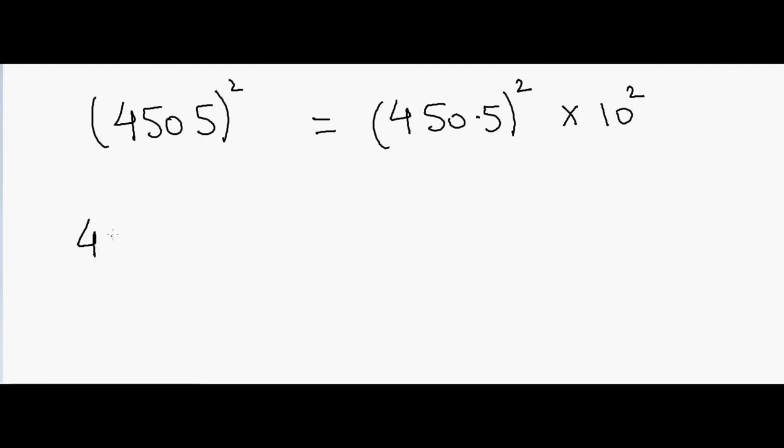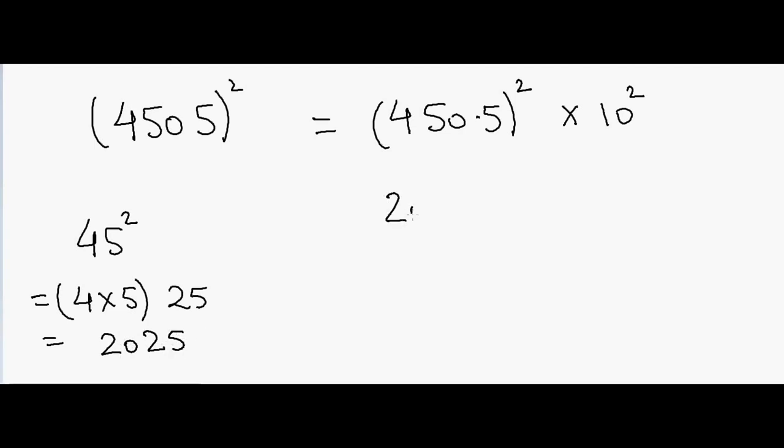As we know, 45 square is equal to 4 multiplied by 5 and then 25 in the end. So 4 into 5 is 20, so 2025, right? So you have to write 2025 and then we have 2 zeros in the end, and then we write 450.25.